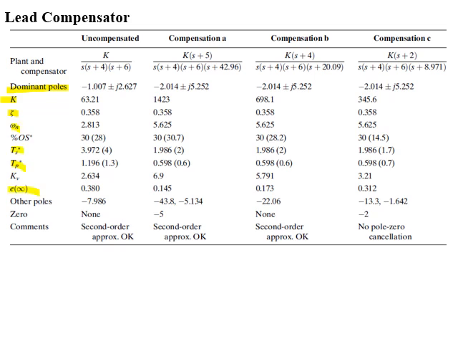For the uncompensated system, for the lead compensator with 0 at minus 5, for the second lead compensator system with 0 at minus 4, and for the third compensated system with 0 at minus 2.